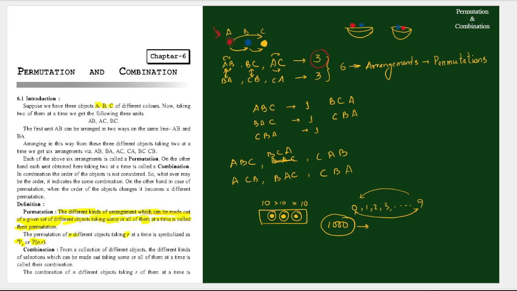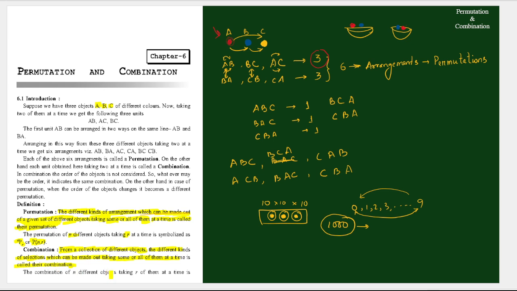So let's see the definition of combination. From a collection of different objects, the different kinds of selection which can be made by taking some or all of them at a time is called their combination.